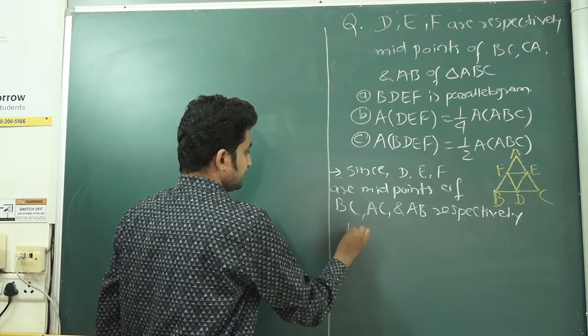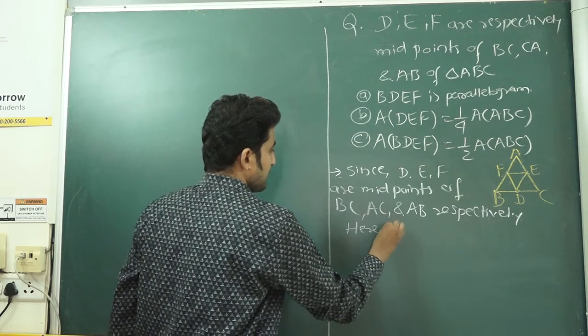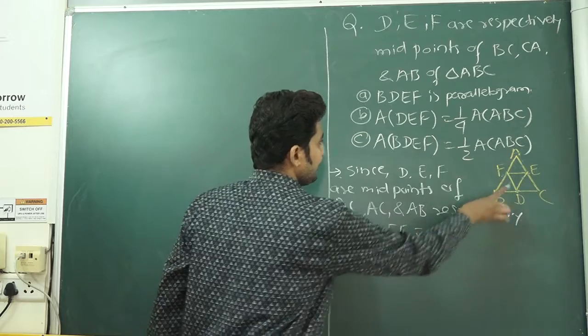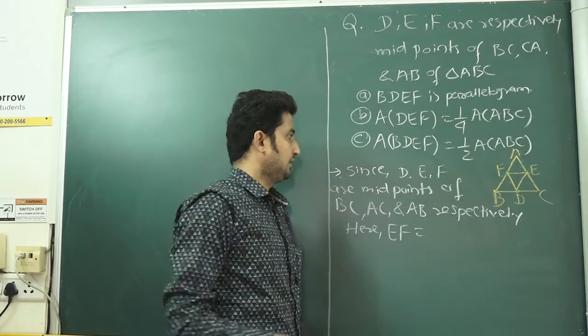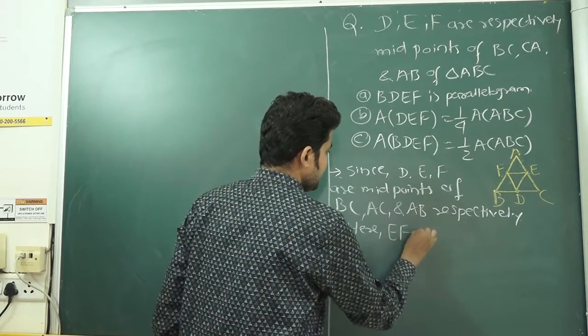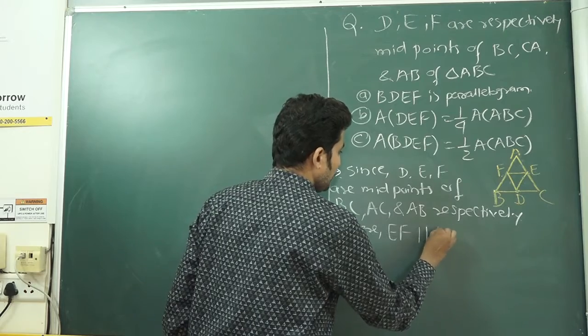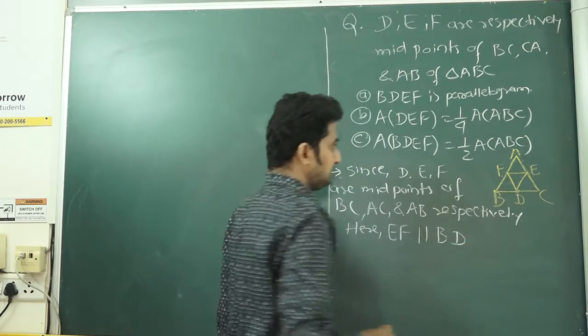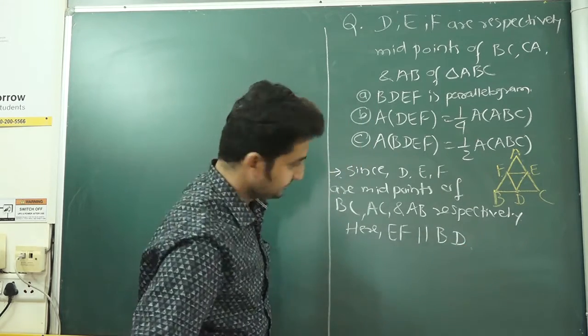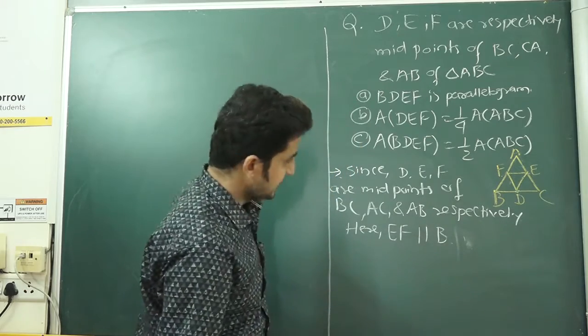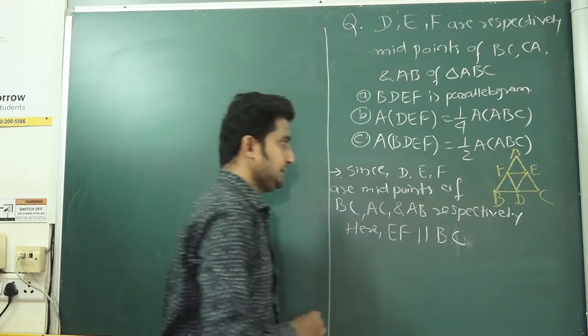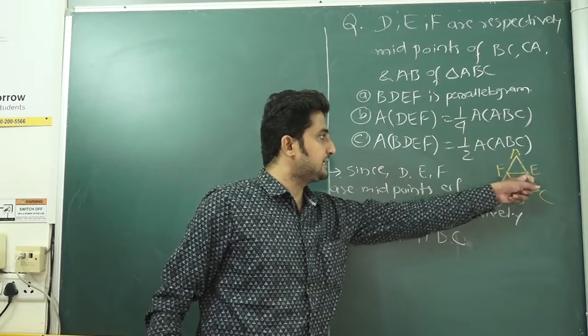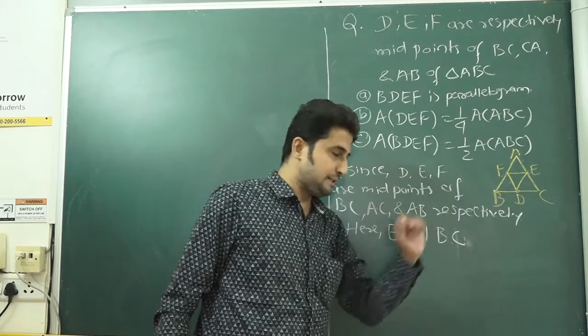this EF is parallel to BC. We can say that this EF is parallel to BC.